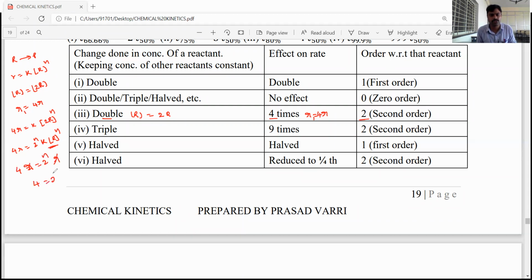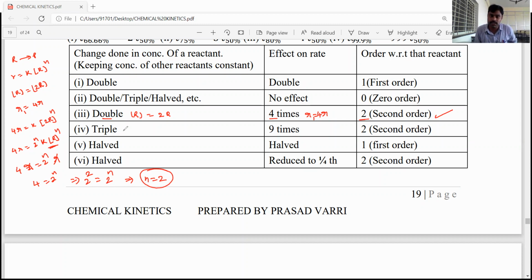Then 4 is equal to 2 power N. So 4 is nothing but 2 square. 2 square is equal to 2 power N. So the bases are equal, then the powers should be equal. Then N is equal to 2. It indicates a second order reaction. So if the concentration of reactants is double and the rate becomes 4 times, it indicates the second order reaction.